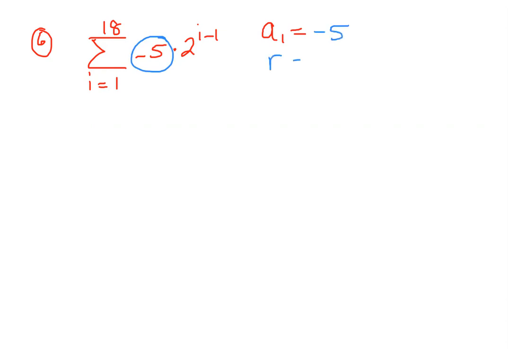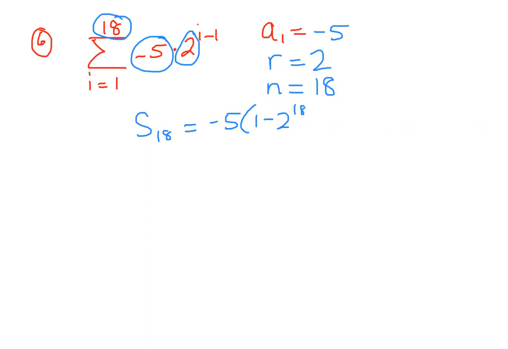R equals this, 2, and n equals this, 18. So you didn't even need to substitute in i equals 1 because it's right there. And we get S18 equals -5 times 1 minus 2 to the 18th over 1 minus 2. And this is -1,310,715.